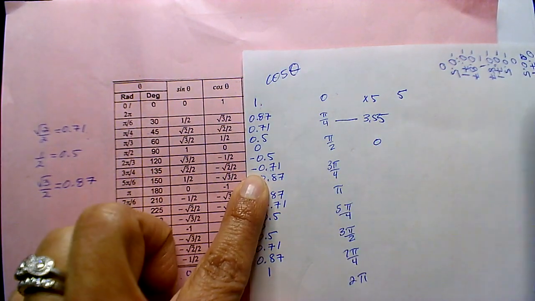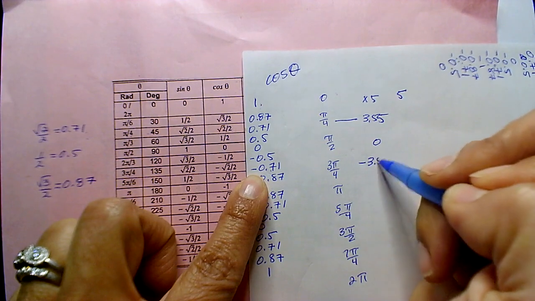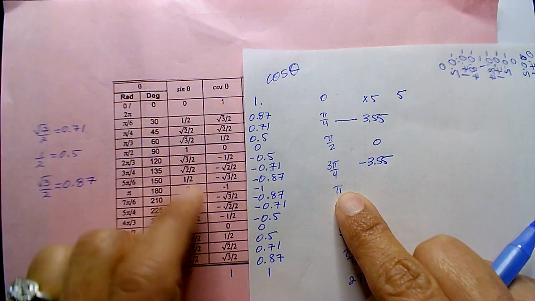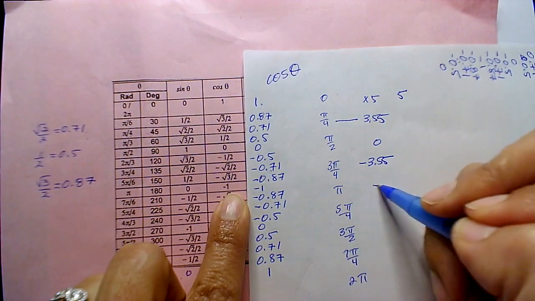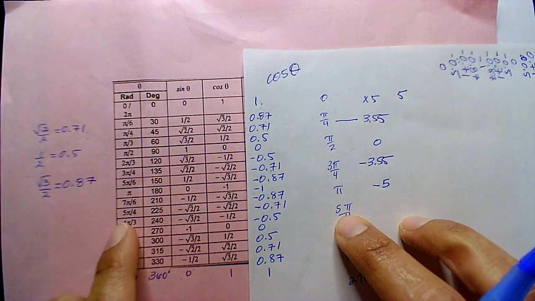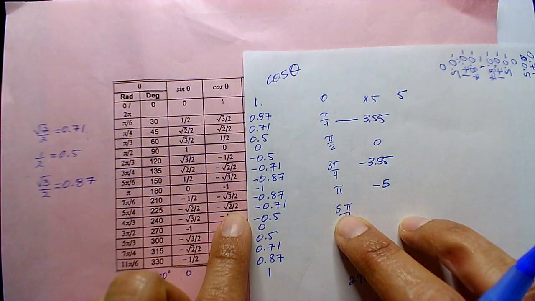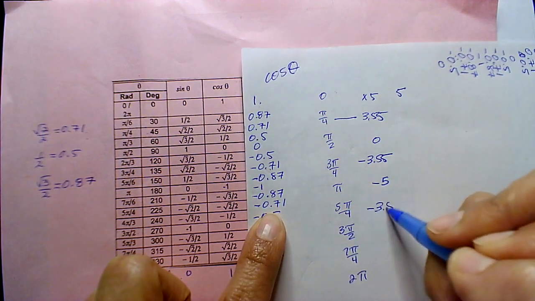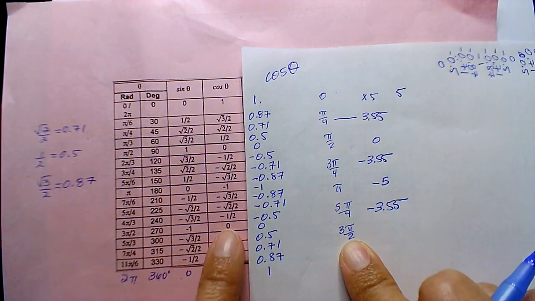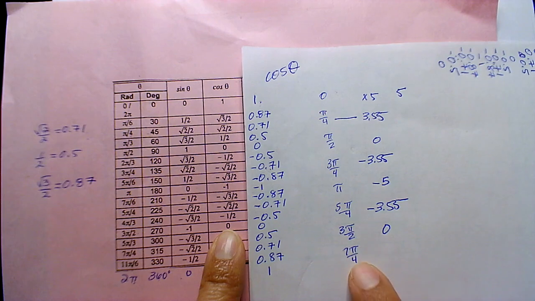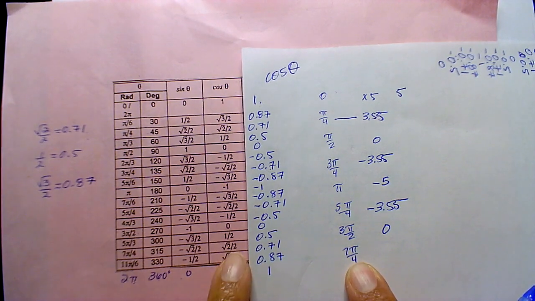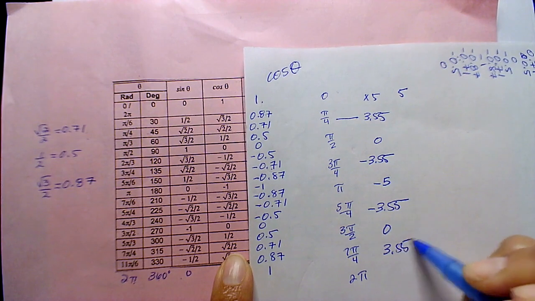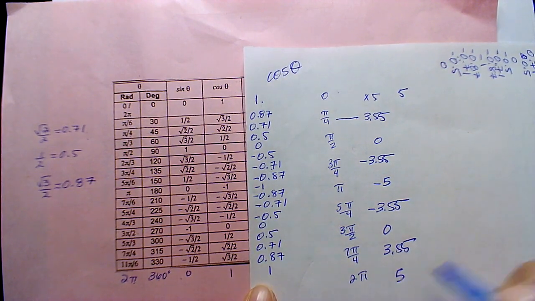It's not negative 0.71, it's negative 3.55. Pi is negative 1, so that's negative 5. 5 pi over 4, negative root 2 over 2, so this is negative 3.55. 3 pi over 2, 0. 7 pi over 4, 3.55. And then 2 pi, 5. So those are the numbers I'm going to be plotting.